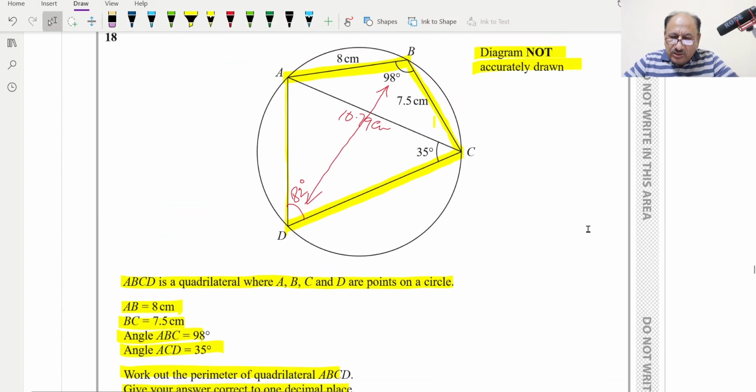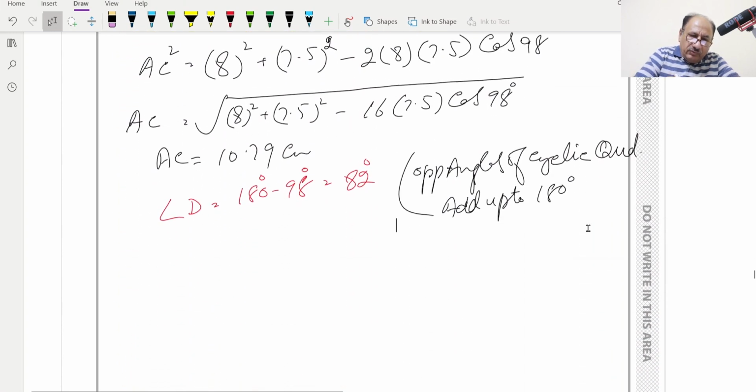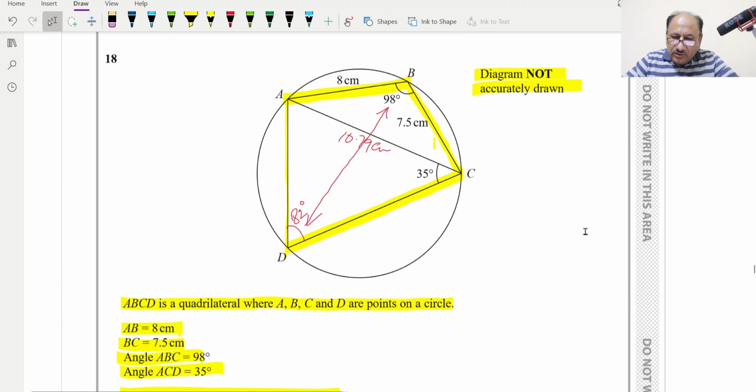Now we have two angles of triangle ADC, so we'll consider triangle ACD. We will write in triangle ACD, we will be applying sine rule basically.